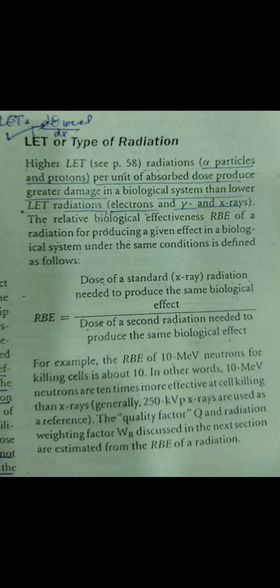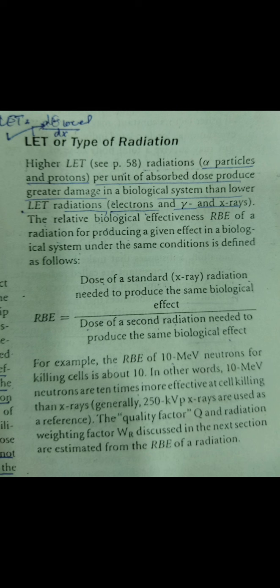Next is the dose rate, and just remember that the linear energy transfer is the measure of the amount of energy transferred locally by a charged particle to the target atoms in the immediate vicinity of its path, traversing a small distance dx.